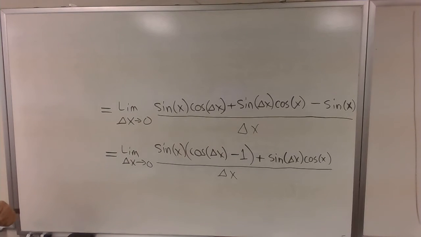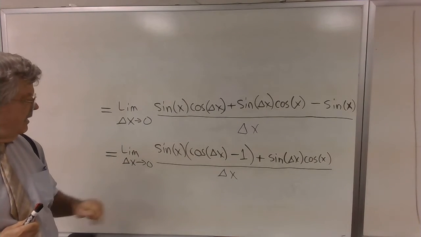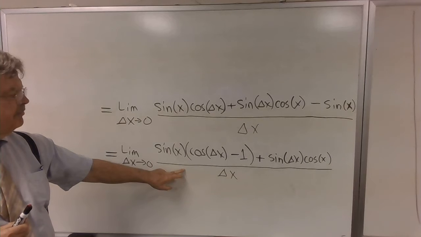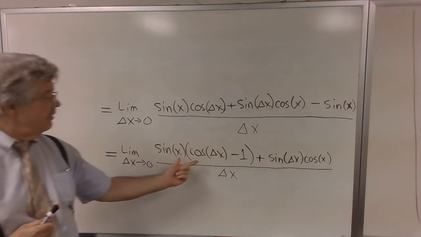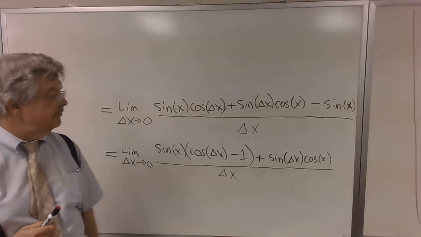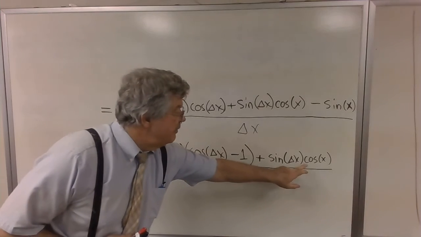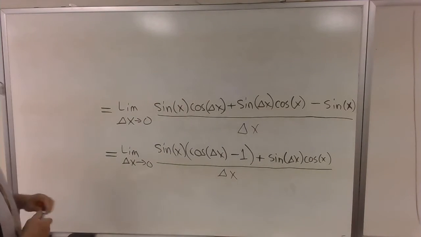I think what I want to do now is just break this up into two different expressions. This term over delta x plus this term over delta x. That's what I'm going to do.